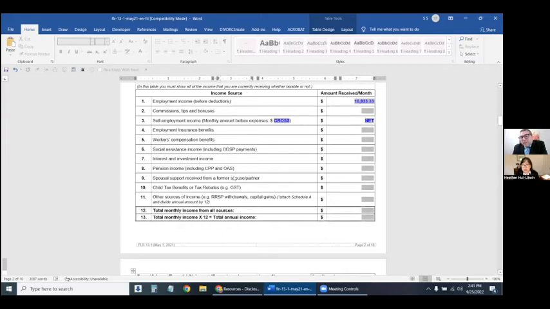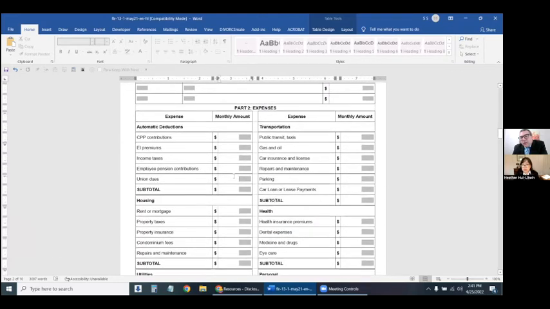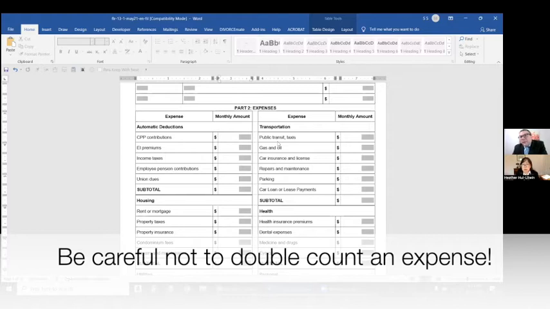So if you were to include the same expenses down here, and the most obvious one is car expenses, which people can deduct from their business income, there could be double counting. So we want to avoid double counting, because then that's not going to be a very accurate outcome.